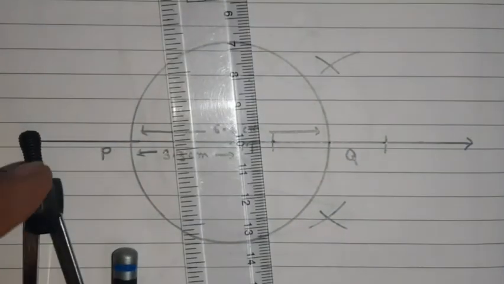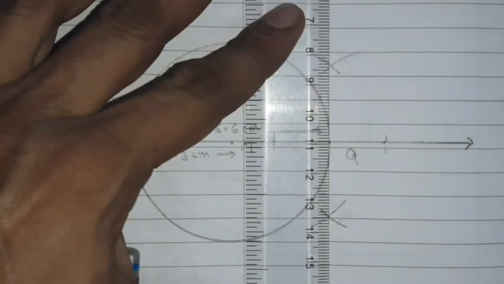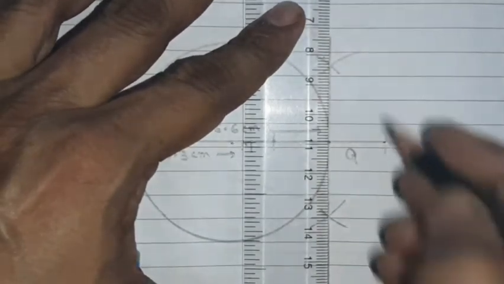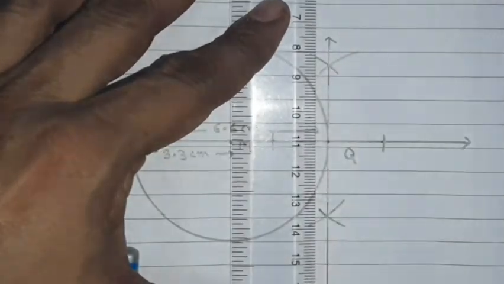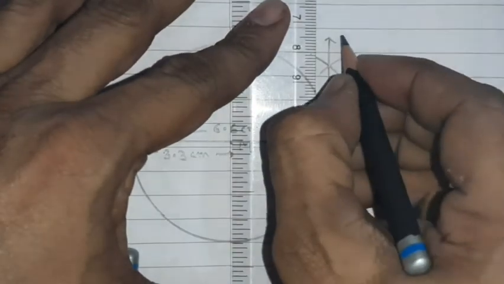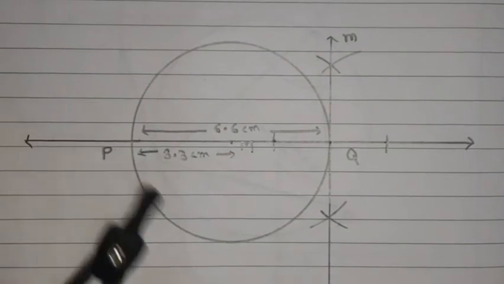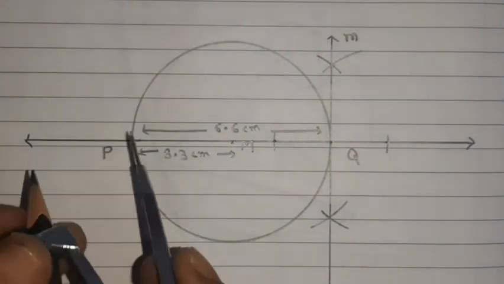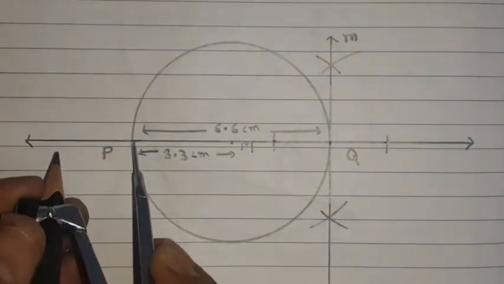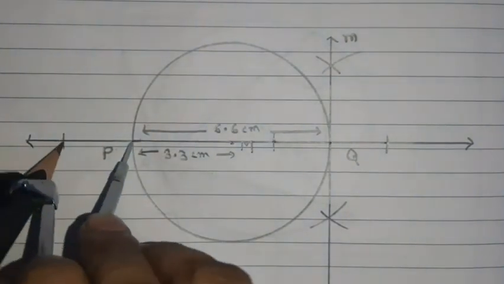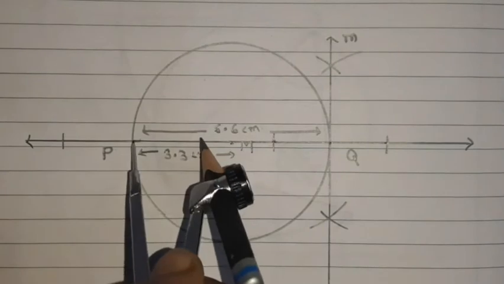Then dear student, join this, draw the line that will be passing through point Q and that will be the tangent passing through the point Q. Now a similar construction we have to do passing through the point P. Therefore put the metal point on point P, make one arc here, another arc on this side.